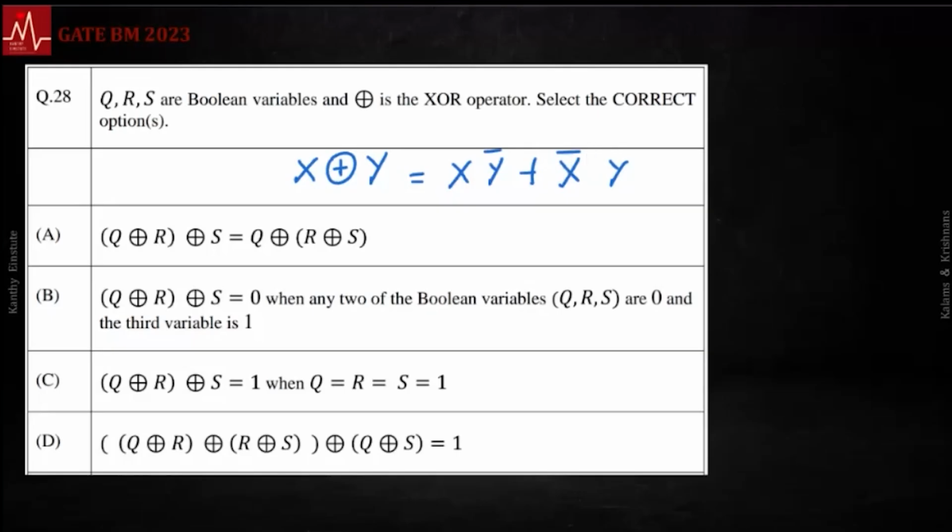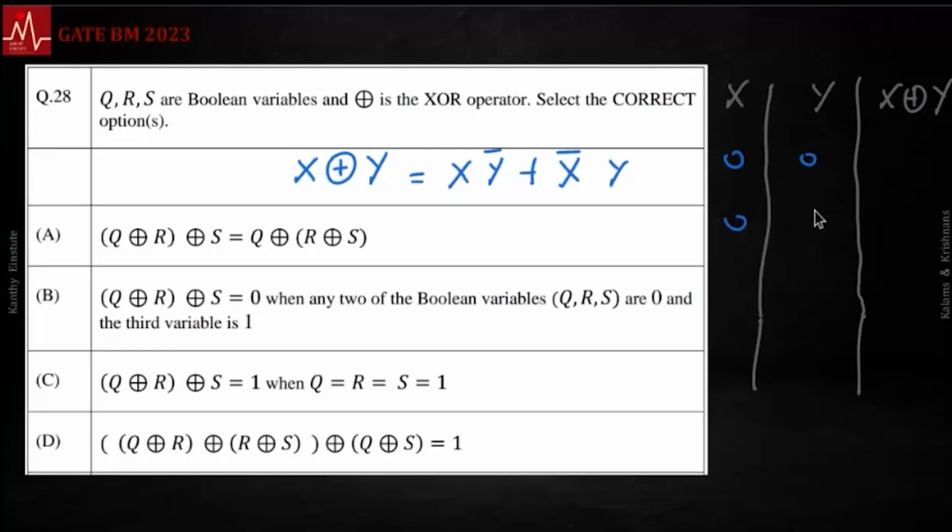Okay. And let me tabulate the results again. You have X, you have Y as input and your output. So you have say 0, 0, 0, 1, 0, 1, 1.